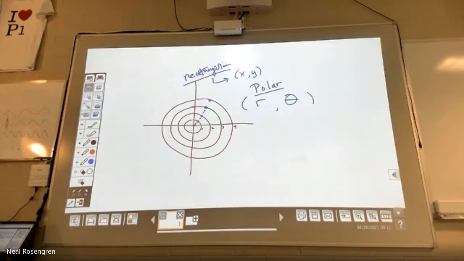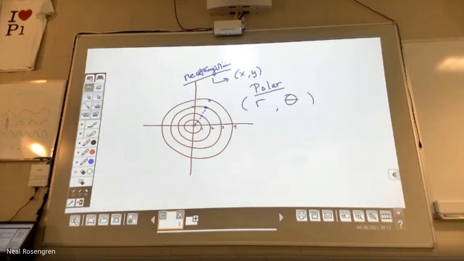It's just let me go a distance of r and then open up an angle. That's what it is. Okay, that's polar coordinates.